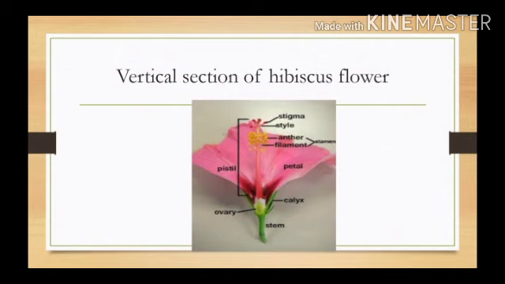The other end of the pedicel is expanded and swollen. It is called the receptacle. Petals and other parts of the flowers are supported on the receptacle. Calyx, corolla, androecium, gynoecium are different parts of the flower as shown in figure.